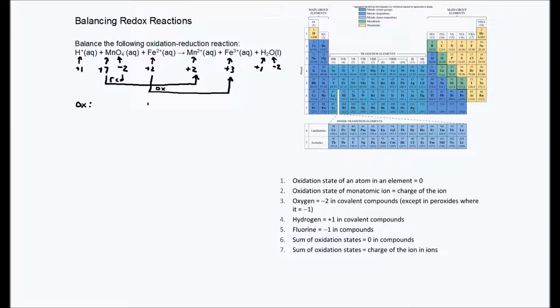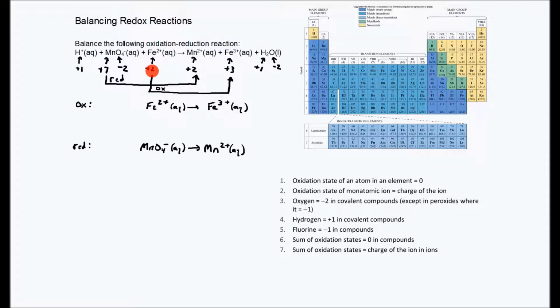Oxidation: Fe2+ aqueous forming Fe3+ aqueous. Reduction: MnO4- aqueous forming Mn2+ aqueous.